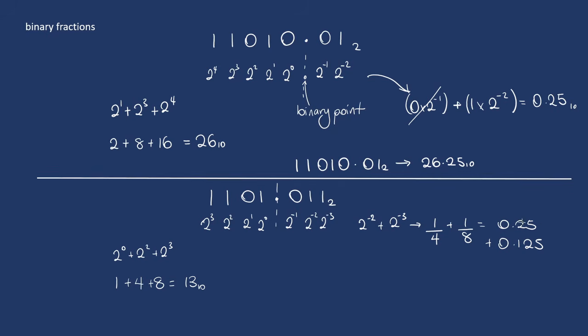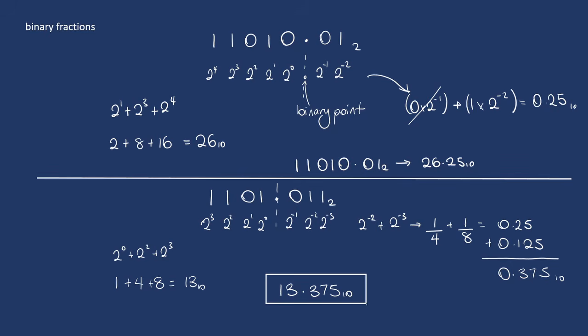Making this addition, that's going to give us 0.375 in base 10. So the final answer in decimal is going to be joining the two of them together as they are. That's going to give us 13.375 in base 10. So that's all there is to converting to and fro binary and decimal numbers.